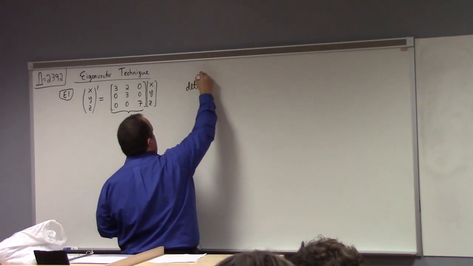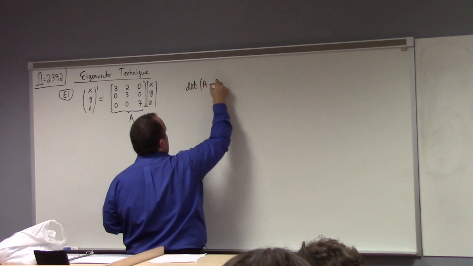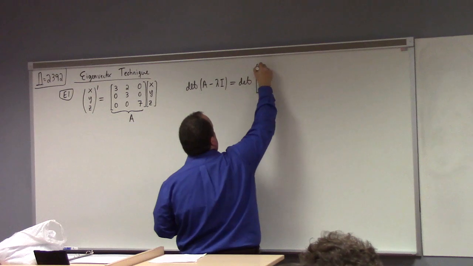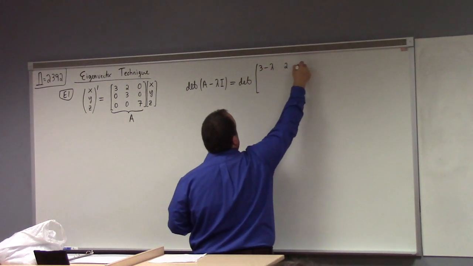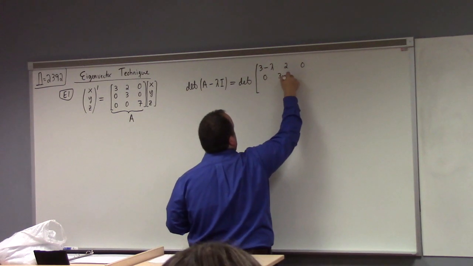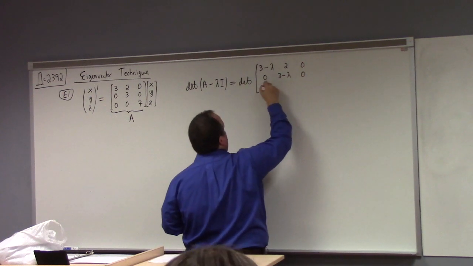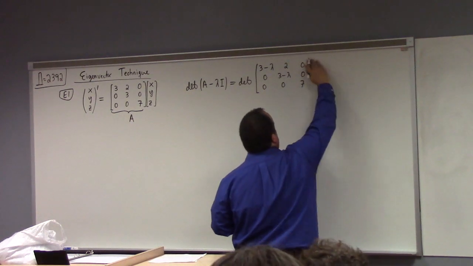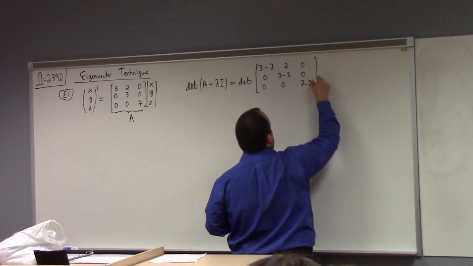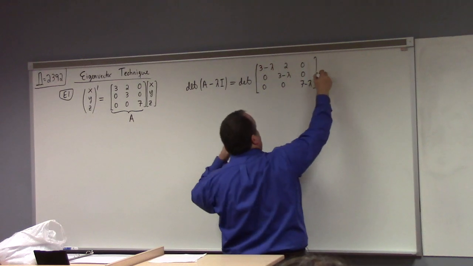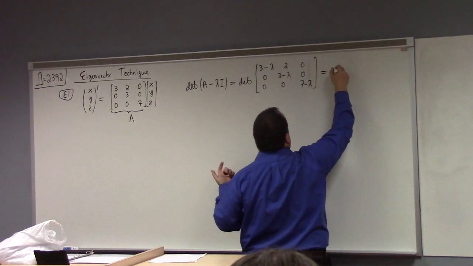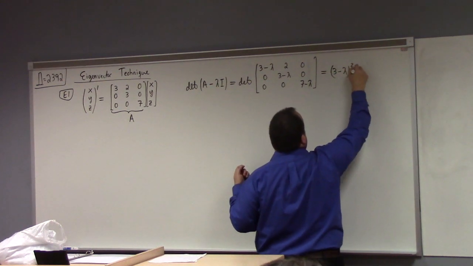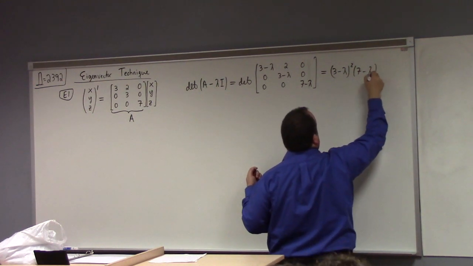I'll do the calculation anyway. A minus lambda I gives 3 minus lambda, 2, 0, 0, 3 minus lambda, 0, 0, 0, 7 minus lambda. Don't forget the minus lambda. By properties of the determinant, you just multiply the diagonals, and we've got 3 minus lambda squared times 7 minus lambda.